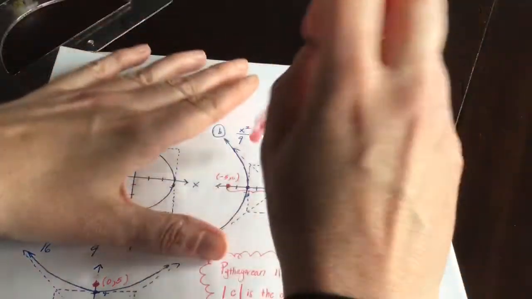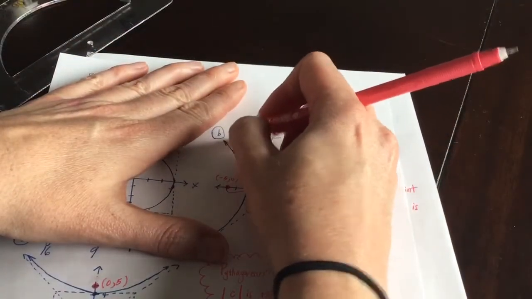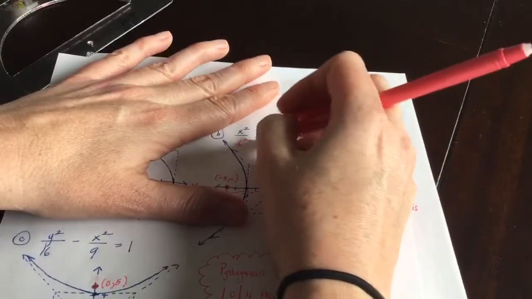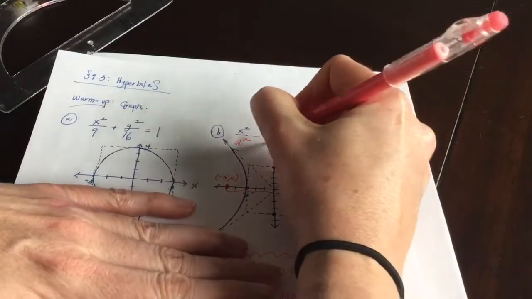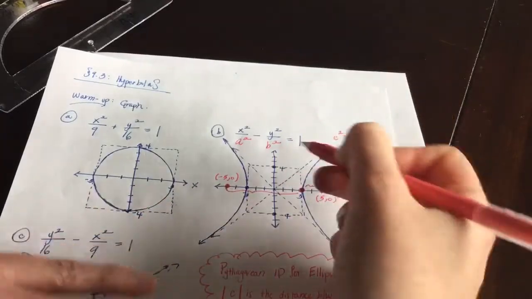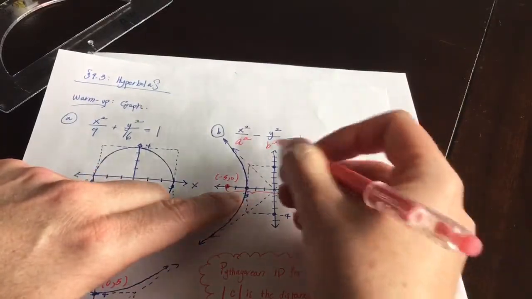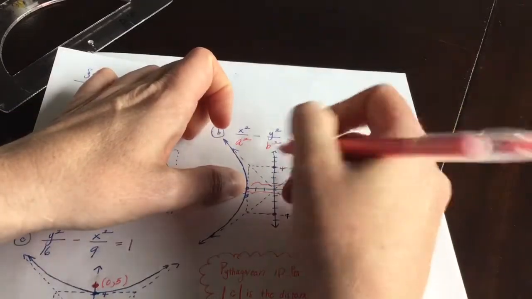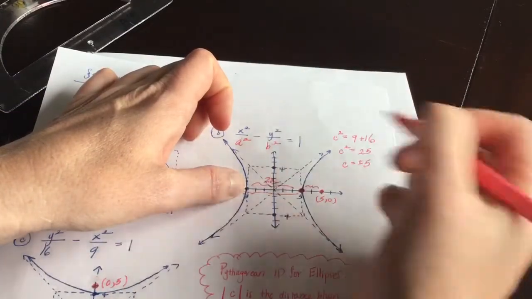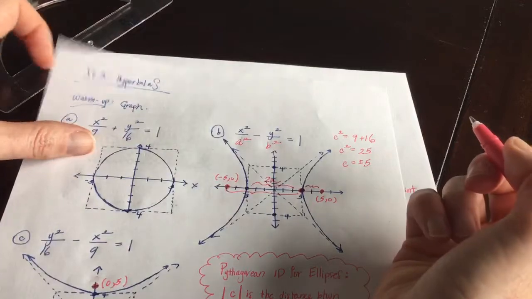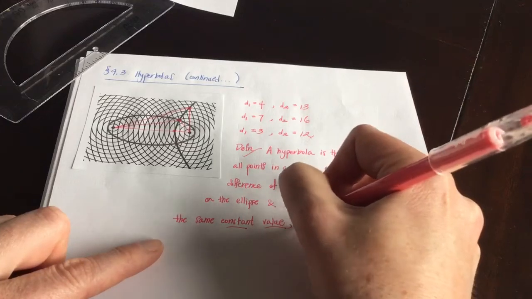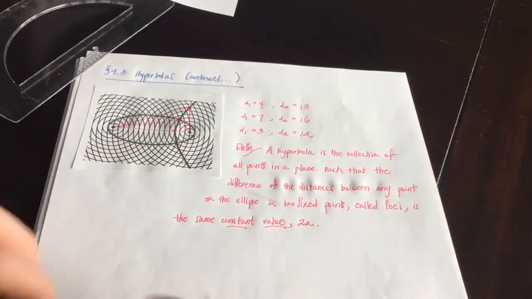But in general, if that wasn't a 9, if that was just an a squared, and if this wasn't a 16, if it was just a b squared, then the difference of the distances would end up being that distance in between here, which would just be 2a, which is great because that's what it was with ellipses too. So that same constant value is 2a.